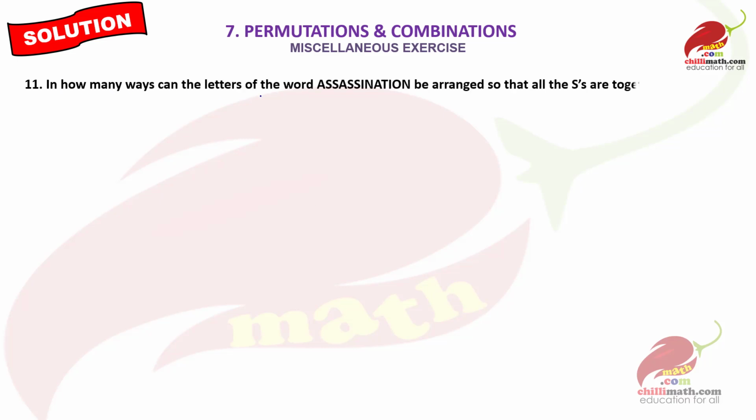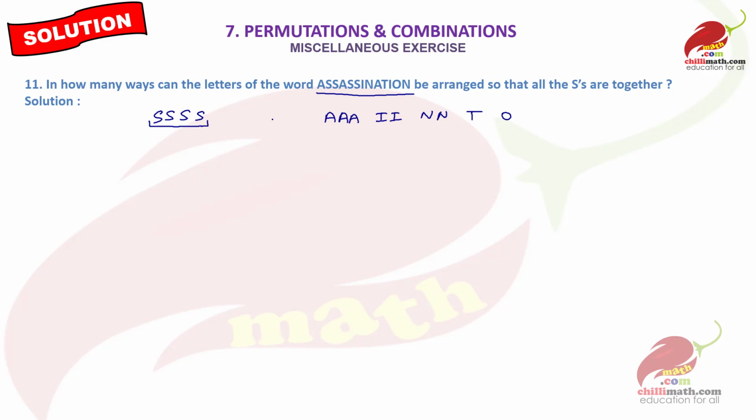11th question is, in how many ways can the letters of the word ASSASSINATION be arranged so that all the S are together? We write A, S, S, A, S, S, I, N, A, T, I, O, N. So we need all S together, so we assume it as one unit.